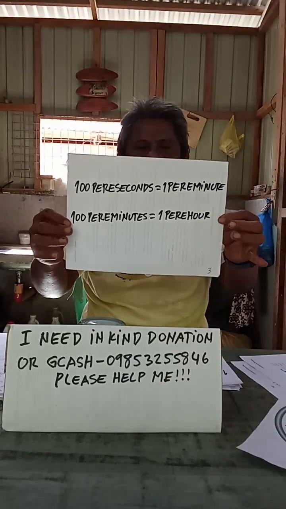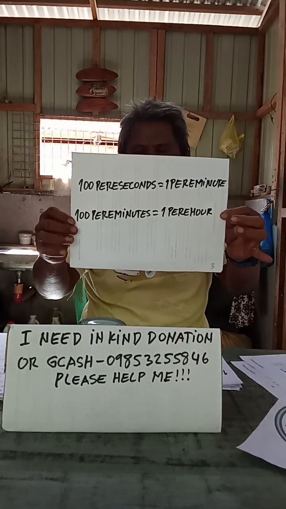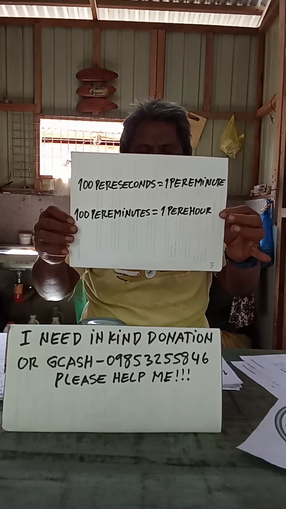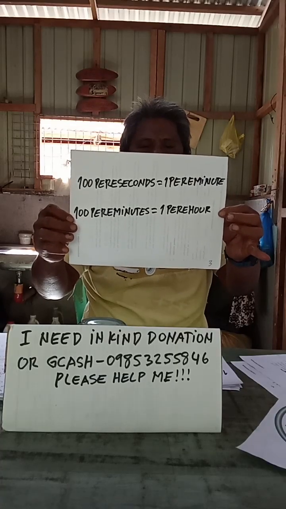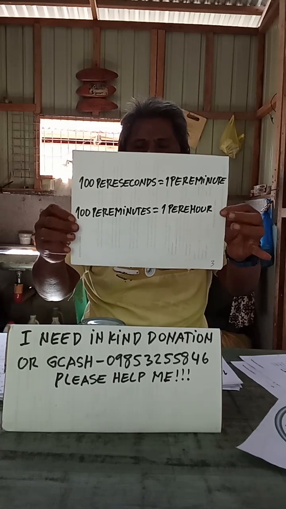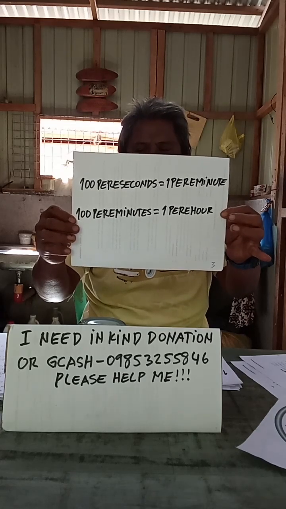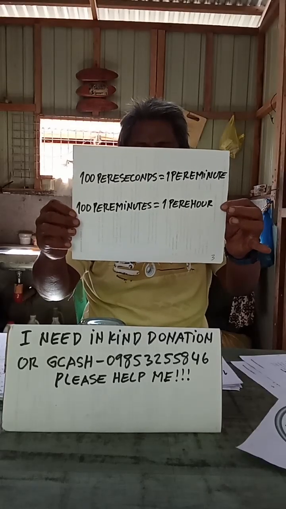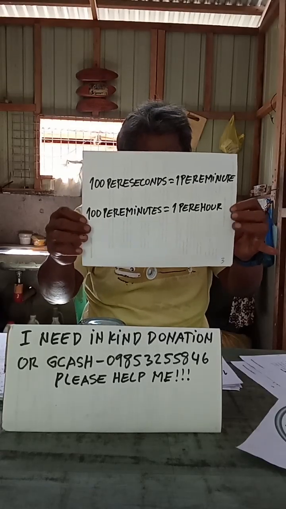In the Peregrino Sienes Time, 100 per seconds is 1 per minute, and 100 per minutes is 1 per hour. So, 1 per minute is composed of 100 per seconds, and 1 per hour is composed of 100 per minutes.